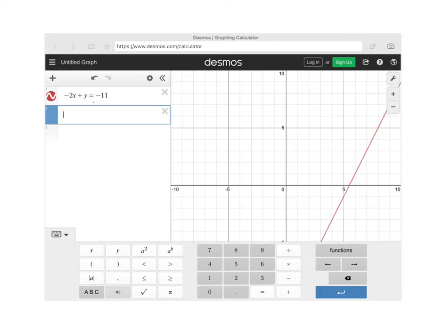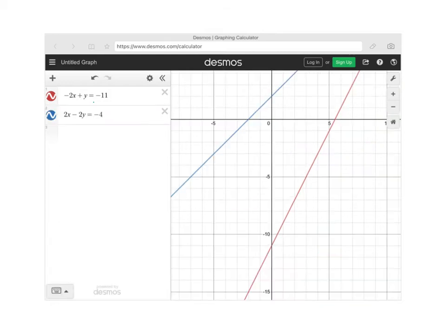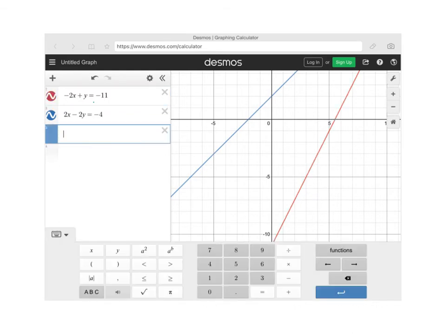There's the first one. And then 2x minus 2y equals -4. The point that we were talking about was (3, -5), which would be here. It is a point on this line, which is why it worked for one of them but not the other. So you can easily graph this point.